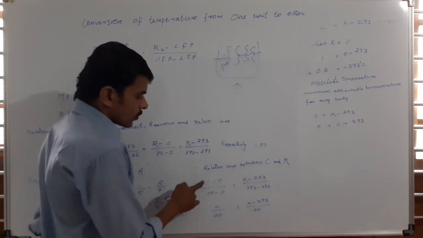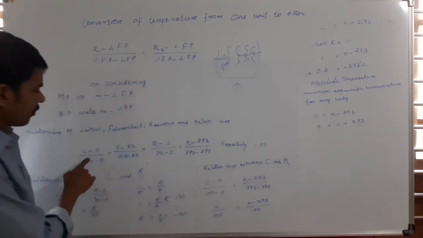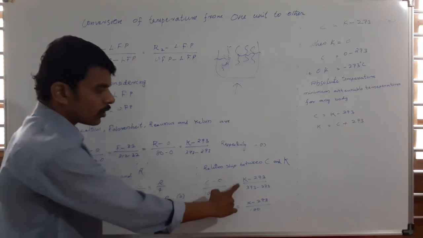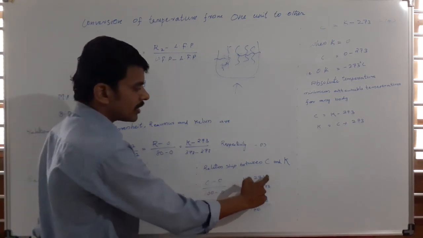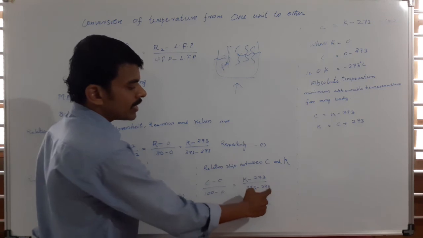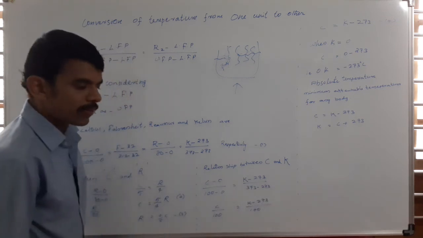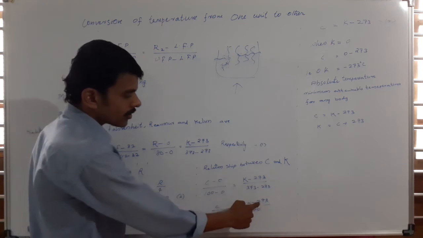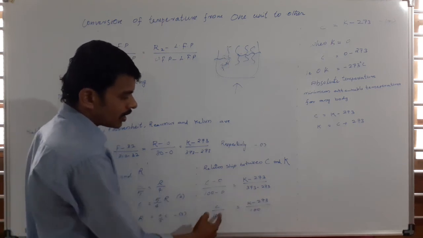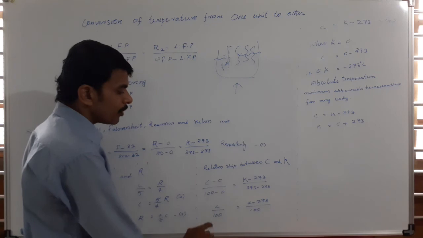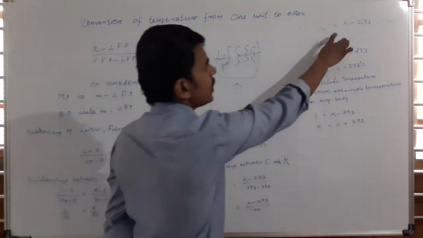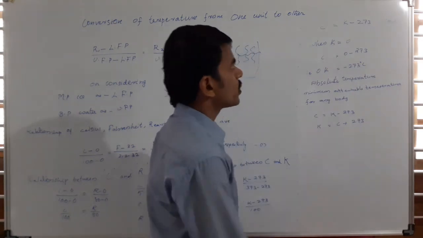Okay, so C minus 0, again the basic equation, C minus 0 divided by 100 minus 0 equal to K minus 273 divided by 373 minus 273. So C by 100 equal to K minus 273 by 100. The 100s get cancelled. So that is C equal to K minus 273.